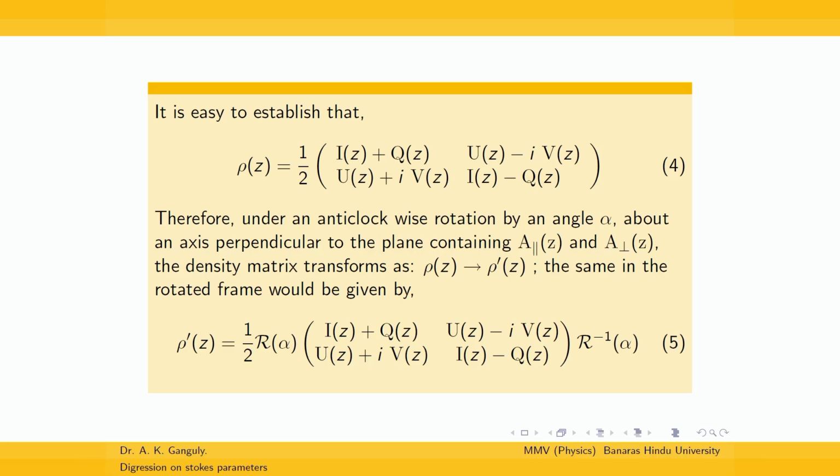So, if we take the trace of the coherency matrix, we get the intensity, and similarly we can find out from each element of the coherency matrix the corresponding quantities q, u and v.